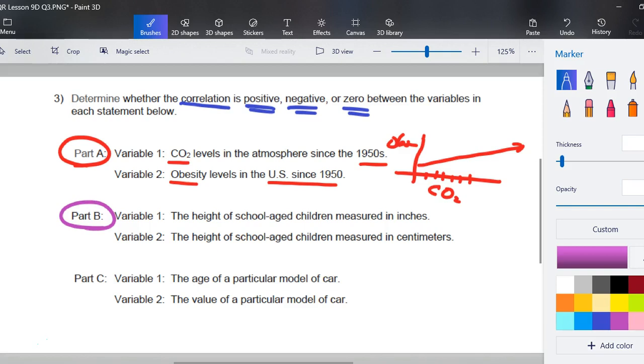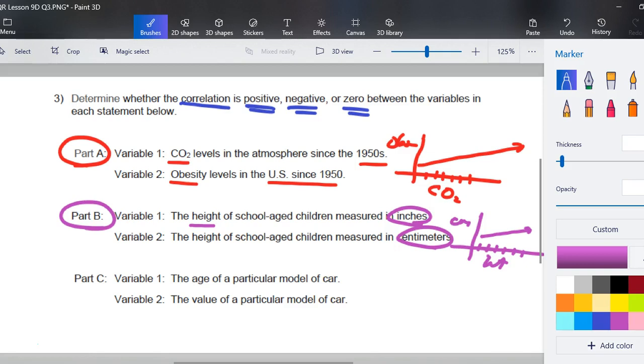What do you have correlation-wise? The height of school-age children measured in inches, the height of school-age children measured in centimeters. So if you look at the height of the children, as the height goes up in inches, the centimeters are also going to go up.